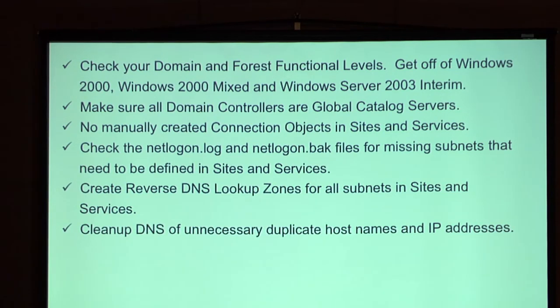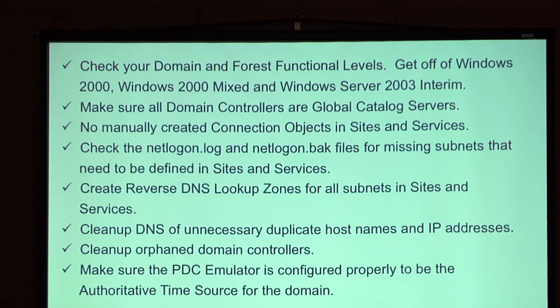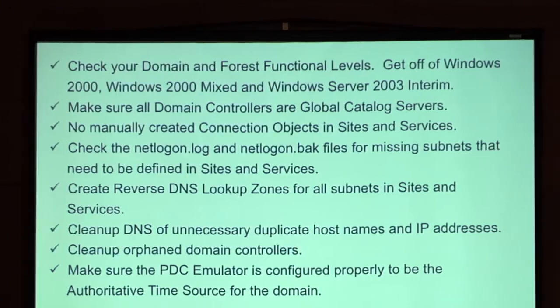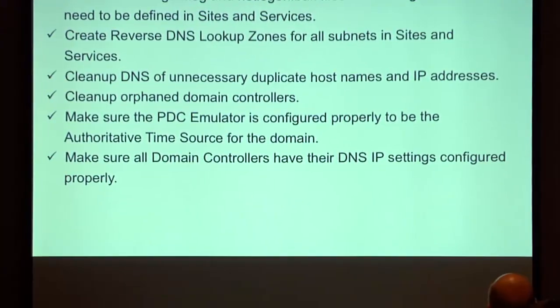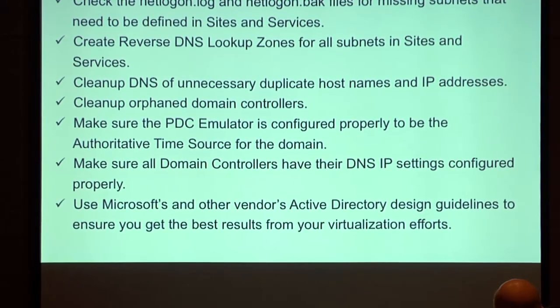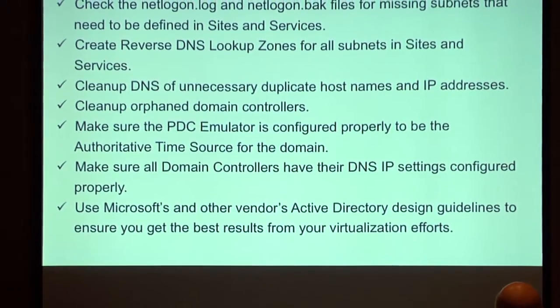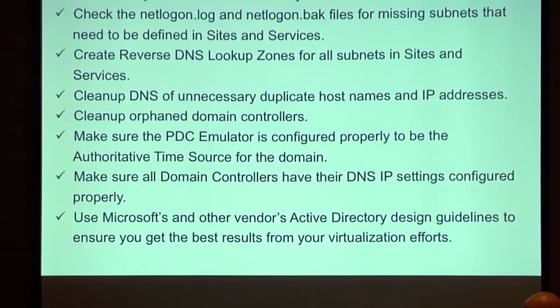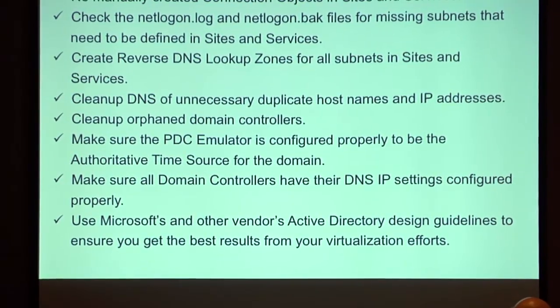We're going to clean up DNS of unnecessary duplicates, clean up orphan domain controllers, make sure the PDC emulator is configured properly to be the time source, make sure all domain controllers have their DNS IP settings configured properly, and use Microsoft and other vendors' Active Directory design guidelines to make sure you get the best results.